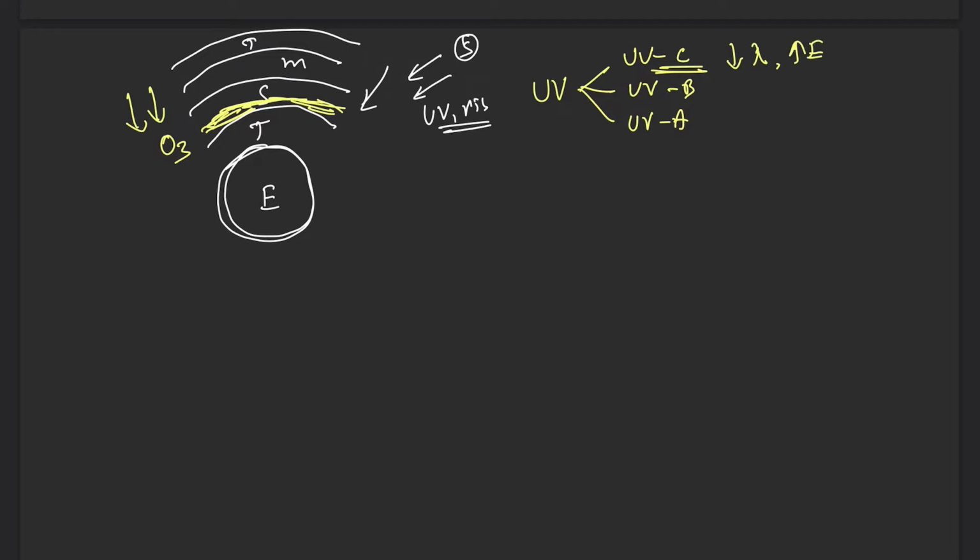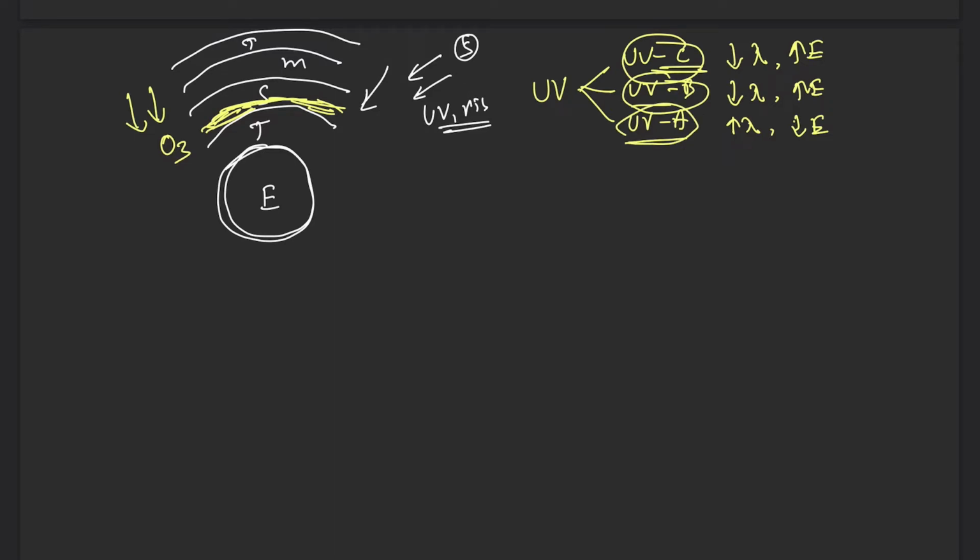Then UVB is also harmful, having a lower wavelength and higher energy. UVA is having higher wavelength and lower energy level. So UVC is extremely harmful and UVB is extremely harmful. UVA is not that much harmful.